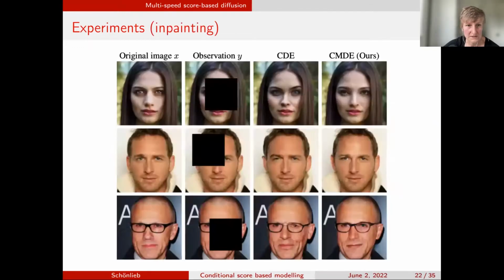Yeah, so this was the idea. Here are just a few examples, so you see a few pictures. This is for inpainting. This is the CDE result. This is the result with our multi-speed diffusion approach. We also have an Austrian example here, quite fitting, I guess.